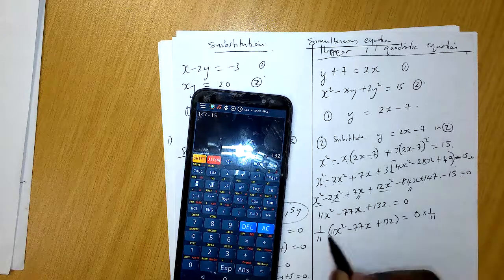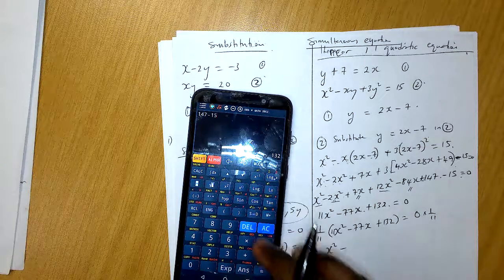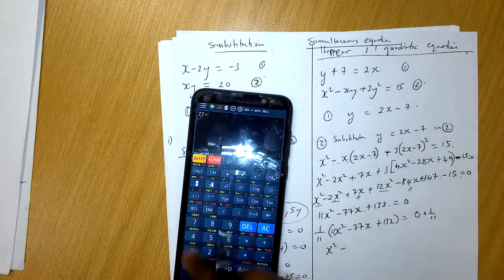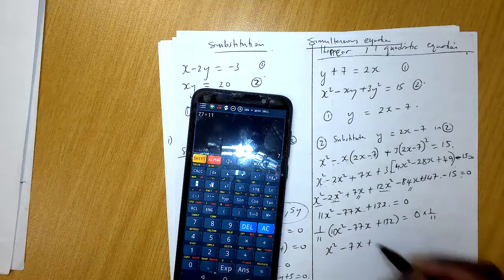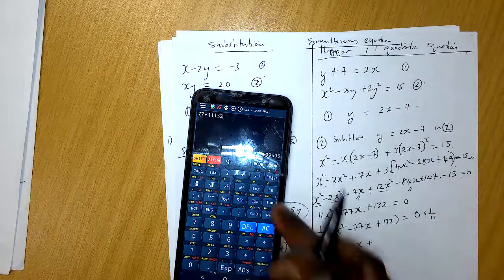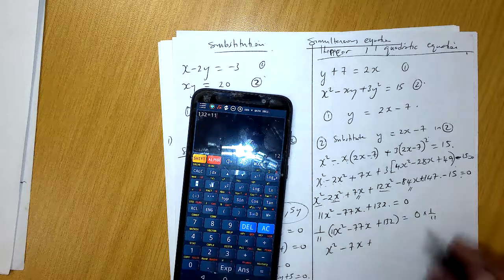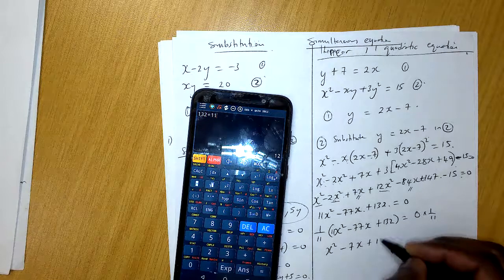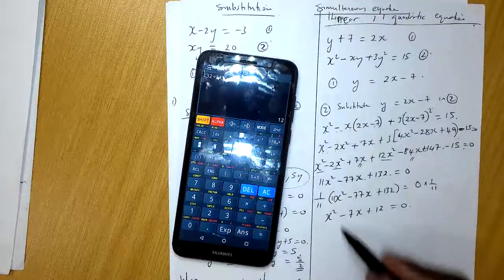Then here we cancel, so it's going to be x squared minus 77 divided by 11, we get 7, 7x plus 132 divided by 11, we get 12, plus 12 is equal to 0. Then this one is the one that we are supposed to solve.